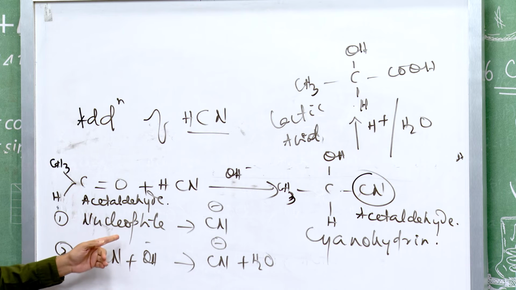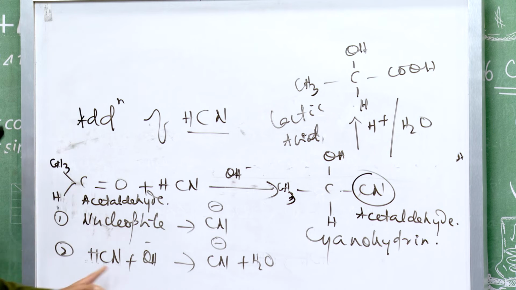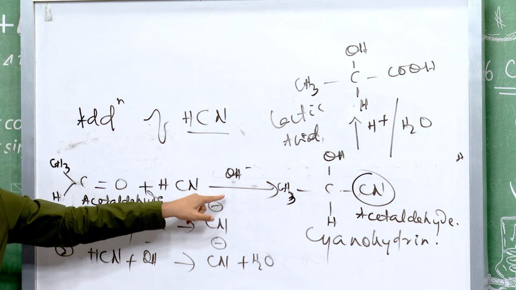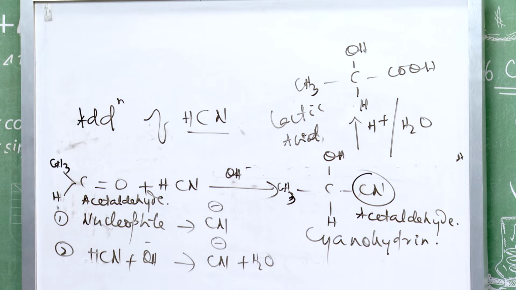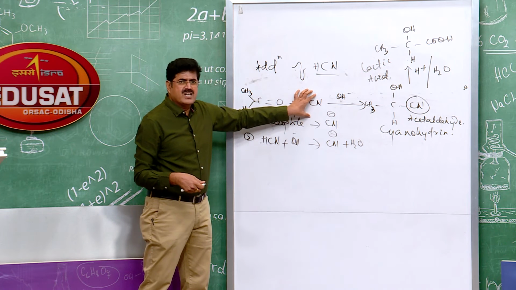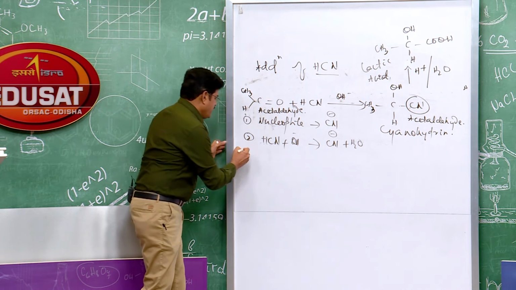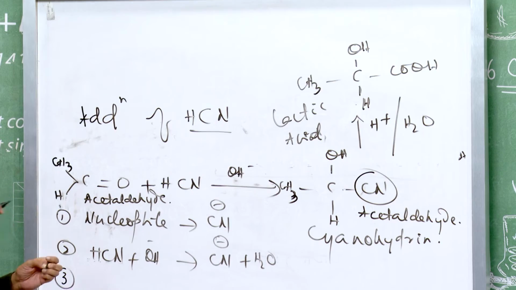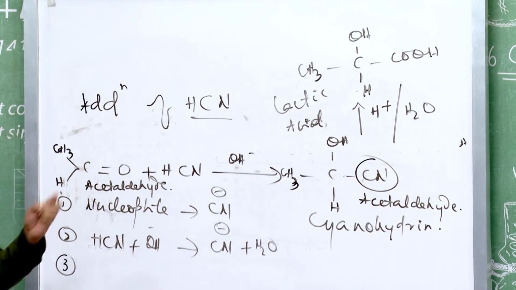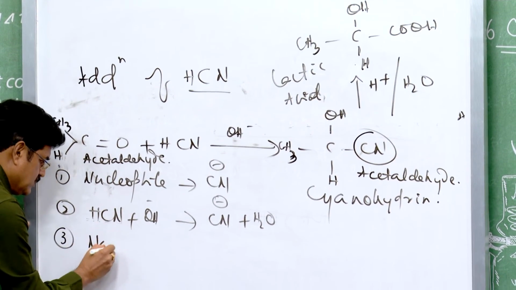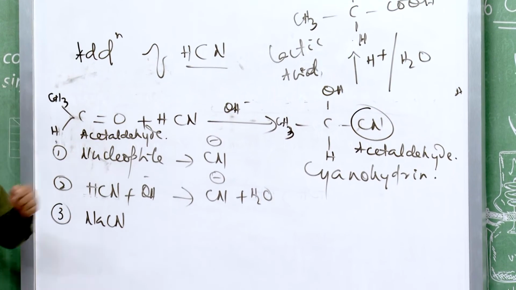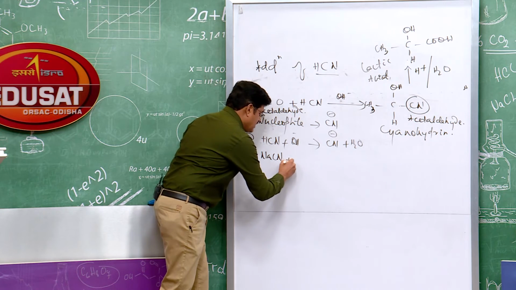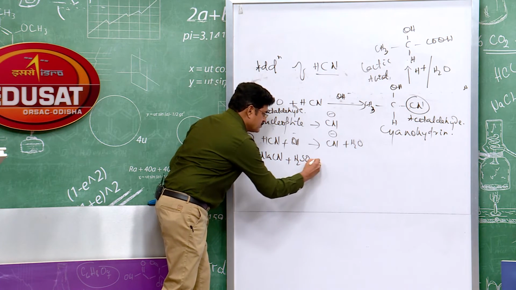I have discussed some points here. Number 1, the nucleophile is CN minus ion. Number 2, the reaction occurs in weakly basic medium. Number 3, HCN is highly toxic, hence HCN is generated in situ. Hydrogen cyanide liquid is highly toxic.